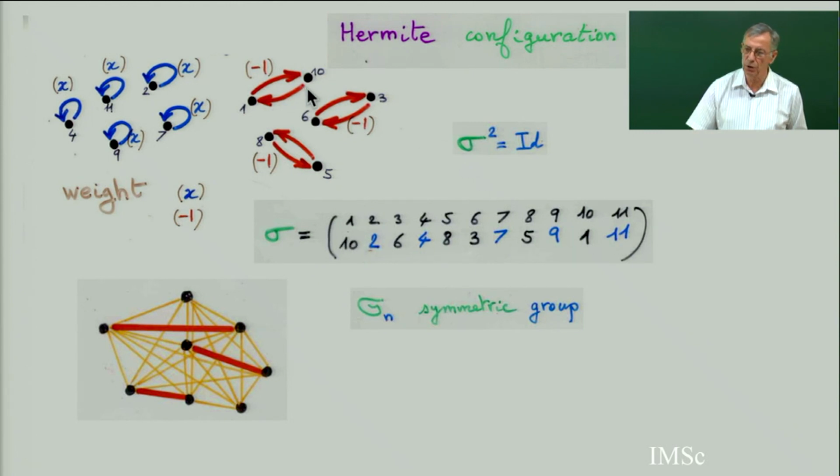So you see an involution can be written like this: an involution has some fixed points and some cycles of length 2. This is in bijection with the matchings of the complete graph. Each isolated point is weighted x, and each cycle of length 2, which corresponds to an edge, is weighted -1.